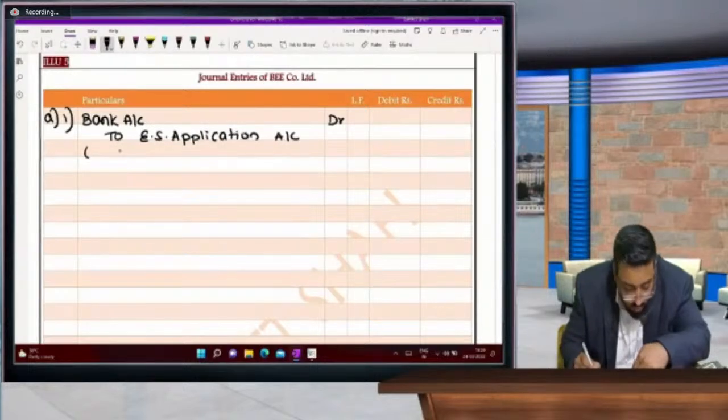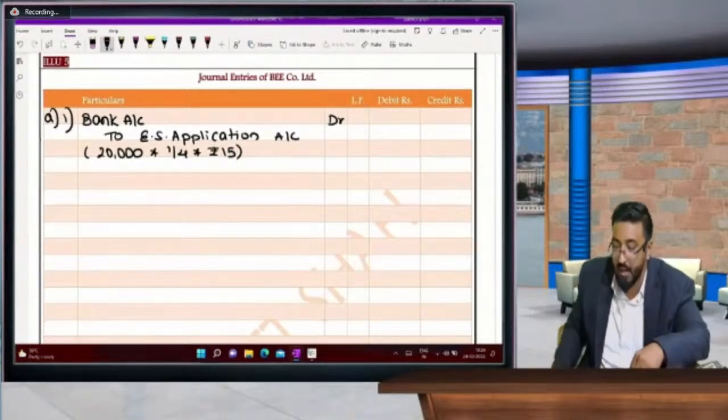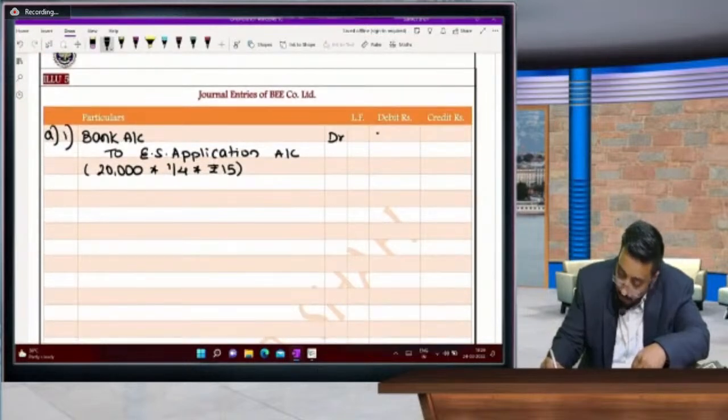How many shares did we apply for? 20,000 shares into 1 by 4 at rupees 15. Now this is a temporary account, application. Amount is beta 75,000.